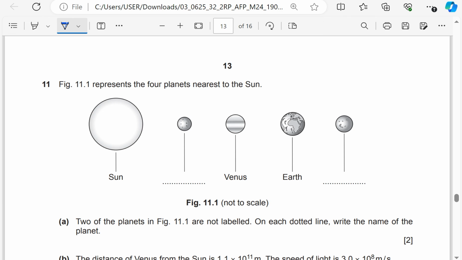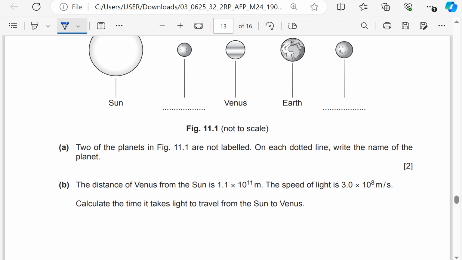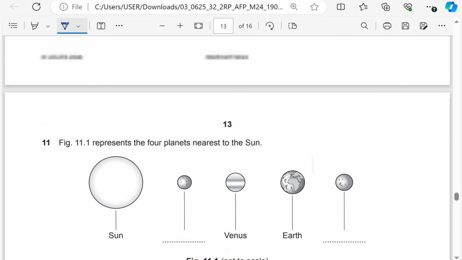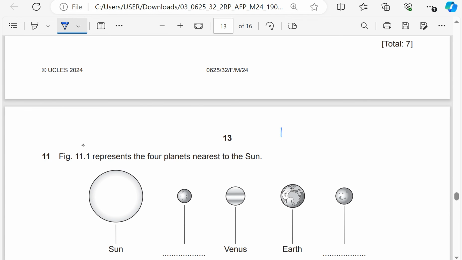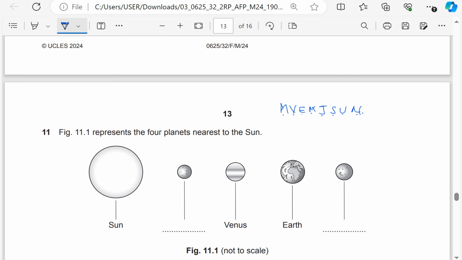Then the last question, the figure represents the 4 planets nearest to the sun, that is space physics. 2 of the planets in the figure are not labeled. On each dotted line, write the name of the planet. Of course, the simplest way to know the order of the planets from the sun is my very easy method, which just speeds up naming.